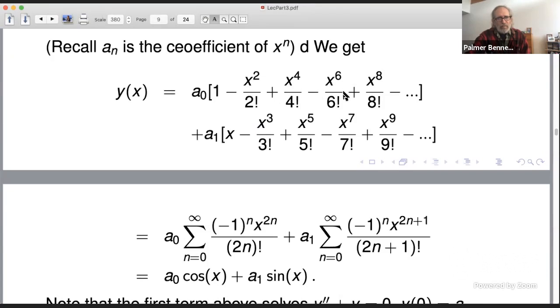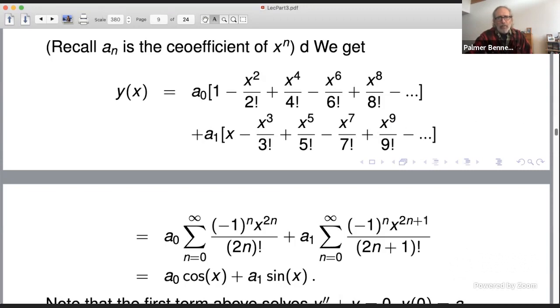This is the series for the cosine function, right? And if you differentiate this series, you get minus that series. If you differentiate the power series for cosine, you'll get essentially this series with a minus sign.